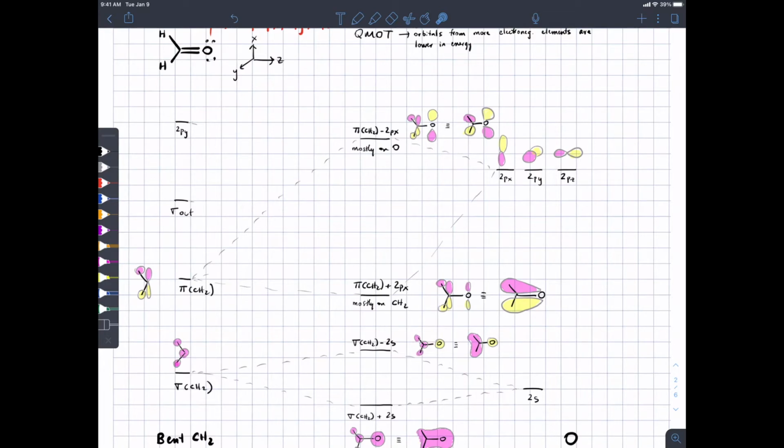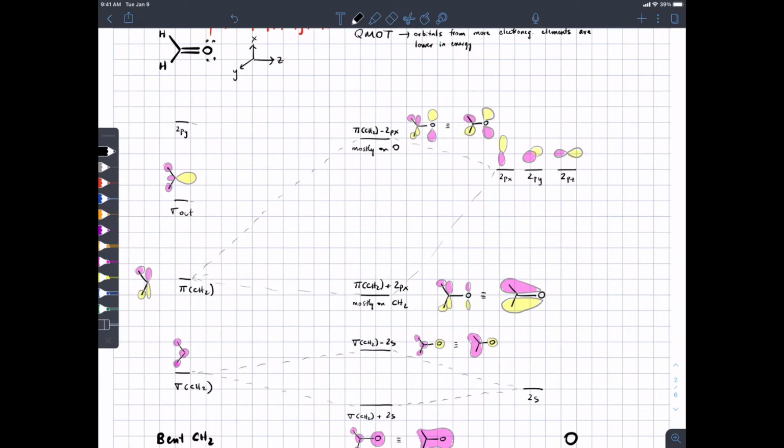Okay, now let's think about which orbital we might mix the sigma out with. The sigma out looks like this, has a large lobe of electron density pointing away from the carbon into the space where it might bond with something, sort of left and right. And the orbital that matches with that is the 2pz orbital.